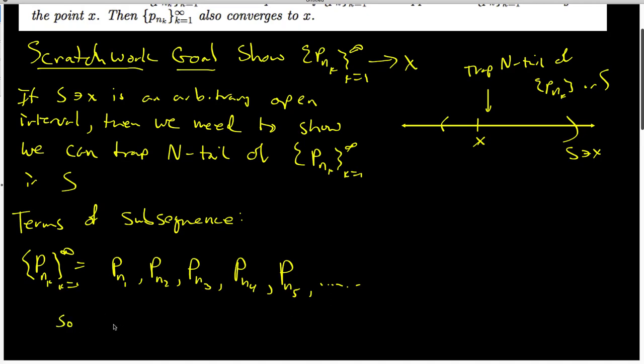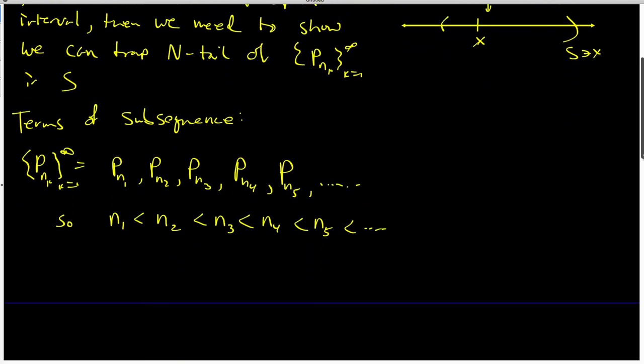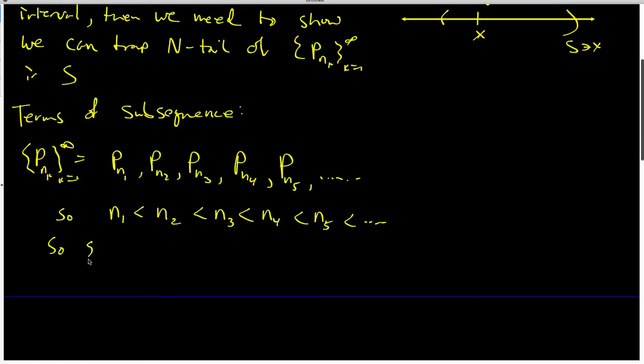In other words, I know that n1 is strictly less than n2, is strictly less than n3, is strictly less than n4, is strictly less than n5, and all of these things are integers. And so what I can say is that the sequence of nk's, as k goes from 1 to infinity, is a sequence of integers that has to go off to positive infinity. And that's actually going to be kind of important.